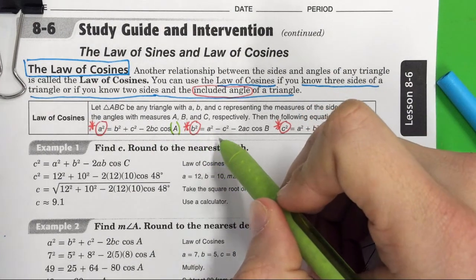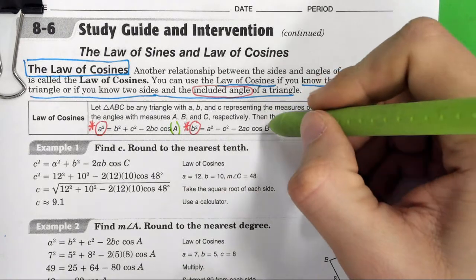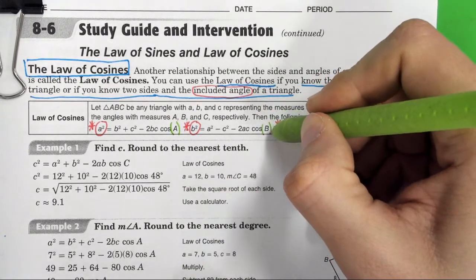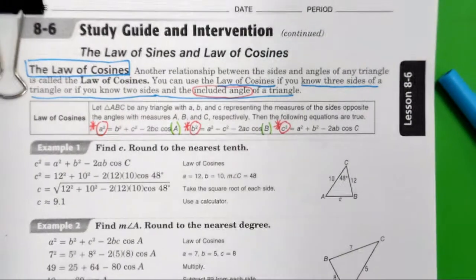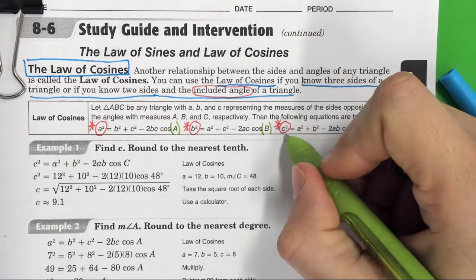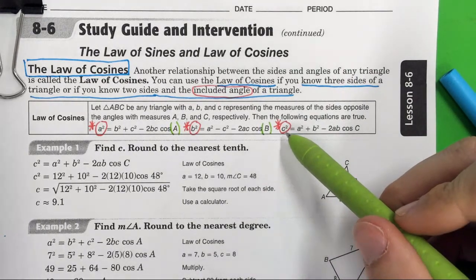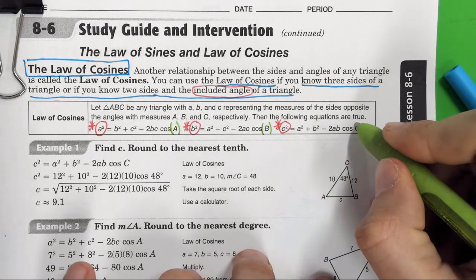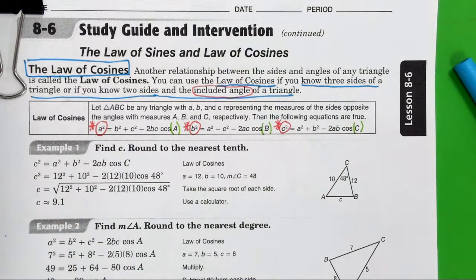In this formula, the lowercase b is the side opposite of this angle measurement that's represented by capital B. Lowercase c in this formula is the opposite side of angle C, the uppercase C.